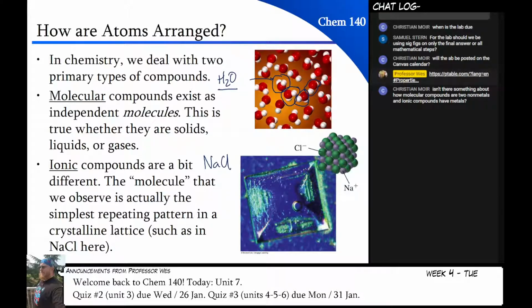For instance, and this is a simplification, but I use it anyway. Right here, this would be an NaCl cluster that you could copy and paste, right? If I copy that, I could paste over and over and over in 3 dimensions, and I would generate the entire lattice.